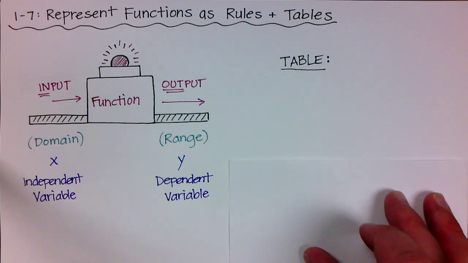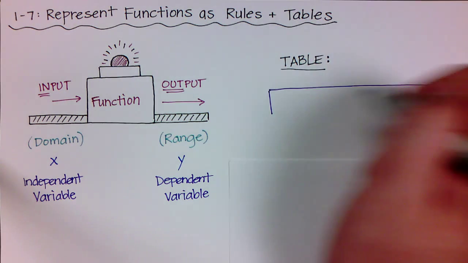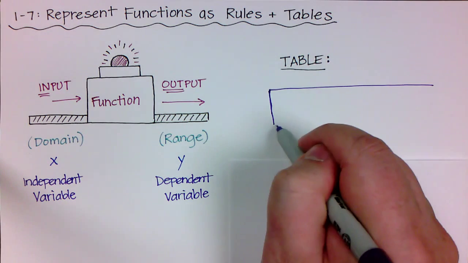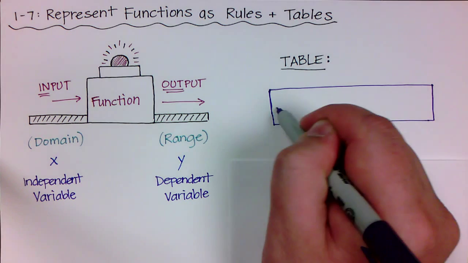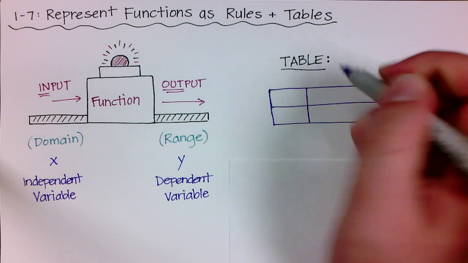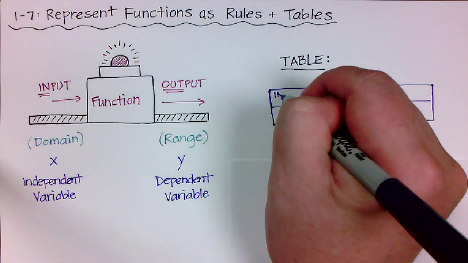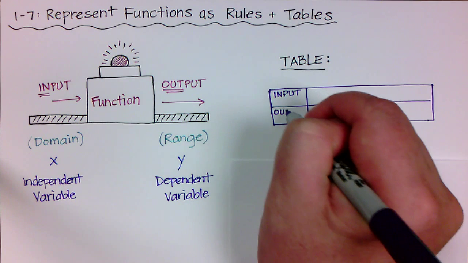So sometimes you might see a table set up this way, where really there's only 2 rows. The top row is going to be our input, and the bottom row is going to be our output.